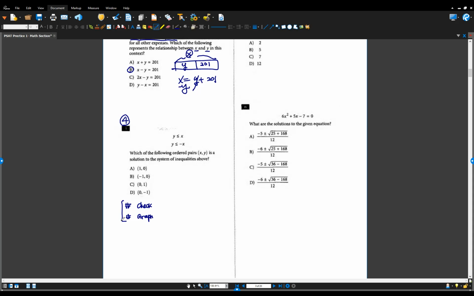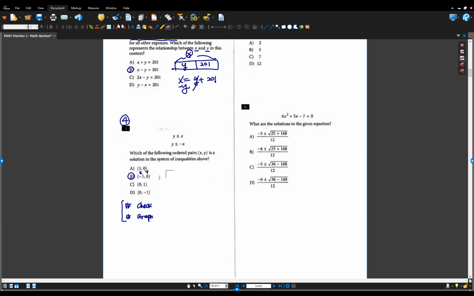Is it B? Let's check it. The x coordinate is -1 and y is 0. Is 0 less than or equal to -1? No, this is not correct. So this is not valid, not working. Is it D?